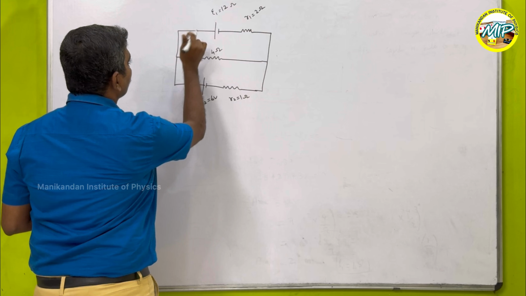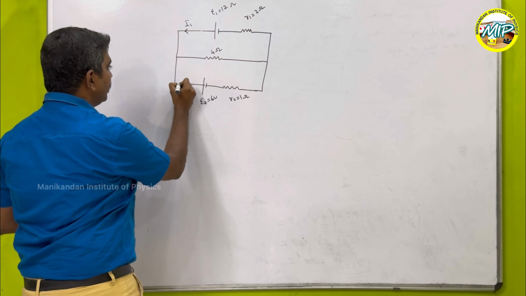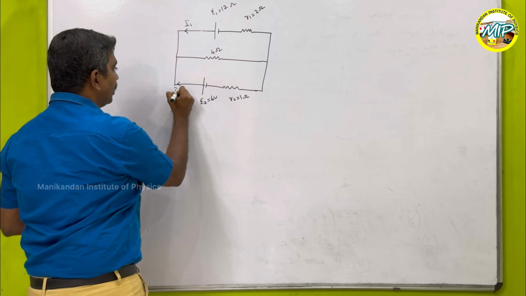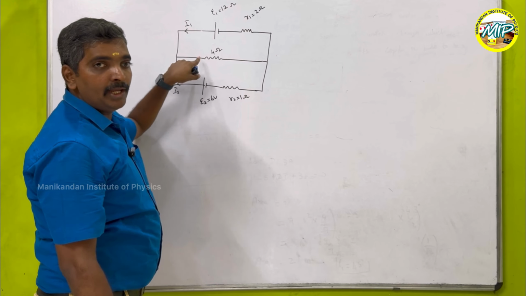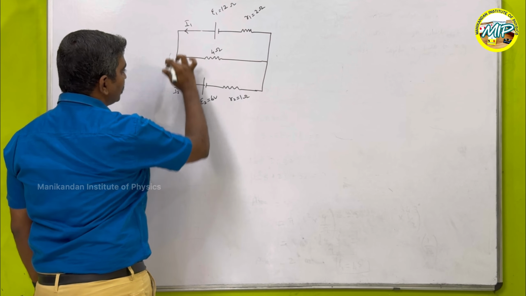The current leaving from here is going to be I1, and the current leaving from here is going to be I2. Listen, this is a higher potential, and this is also a higher potential. With respect to these two cells, this is my low potential. So the current entering here is equal to I1 plus I2.